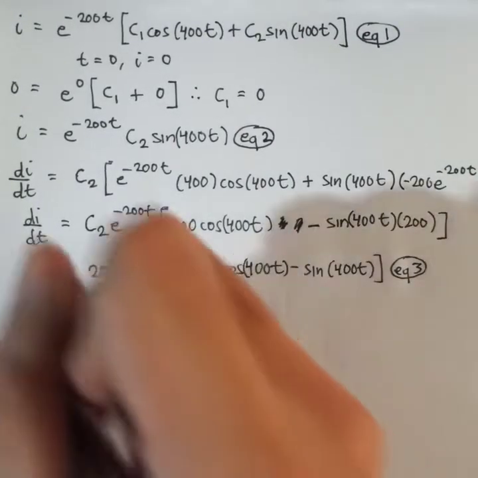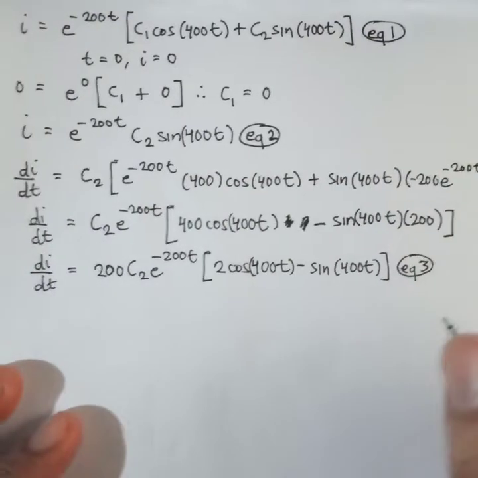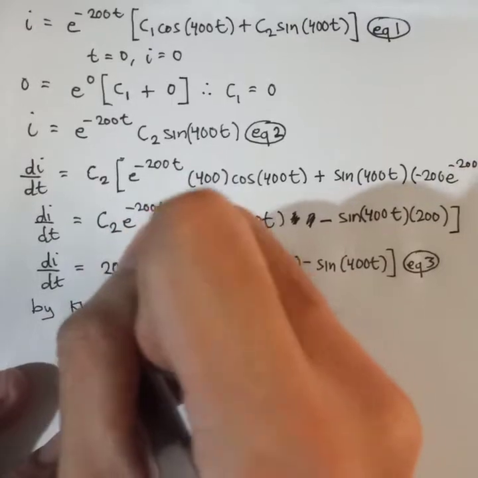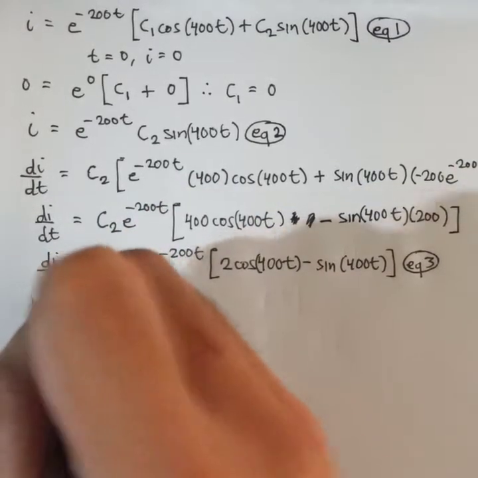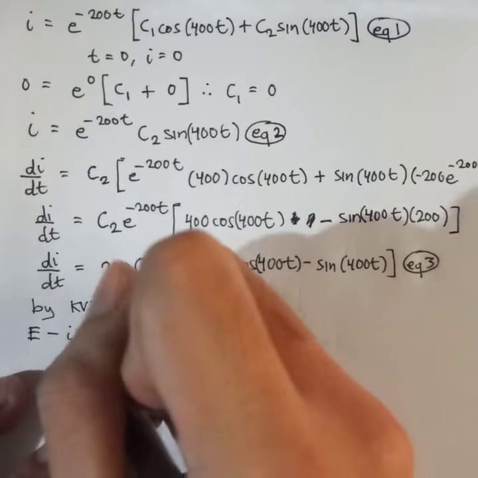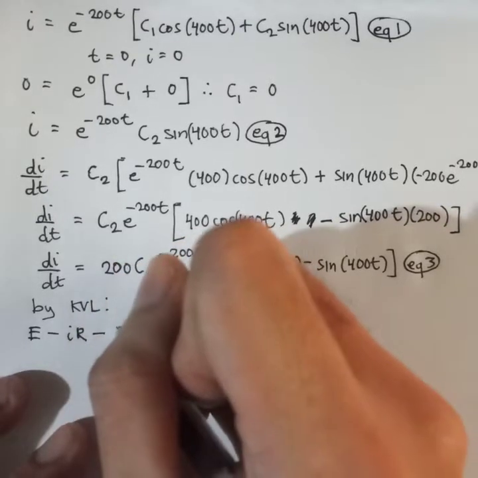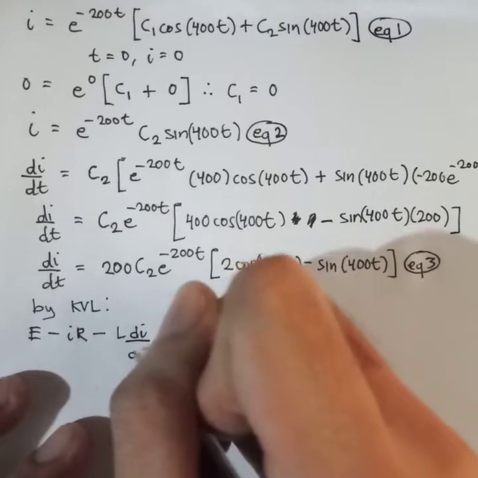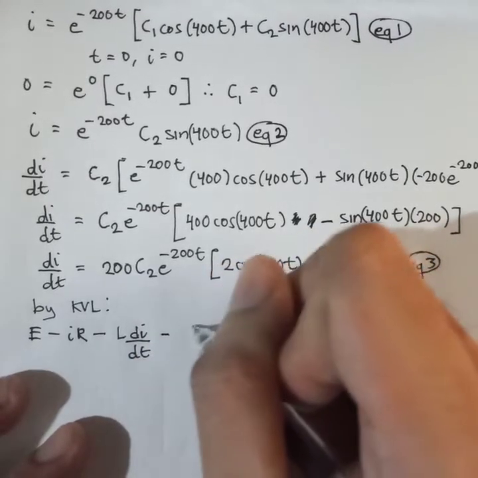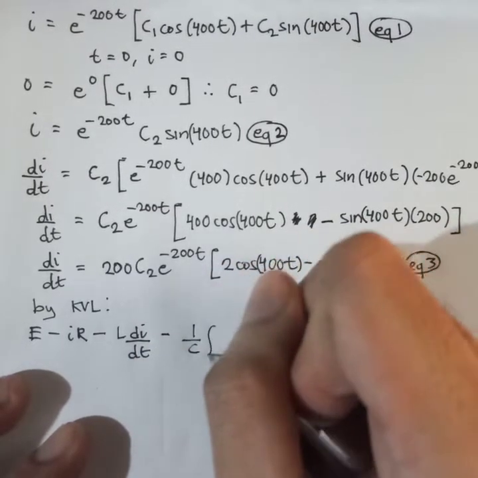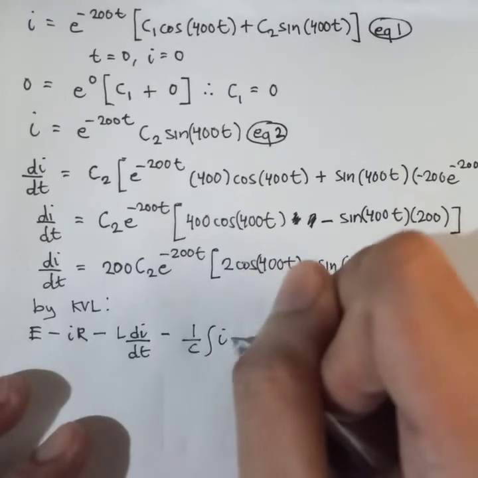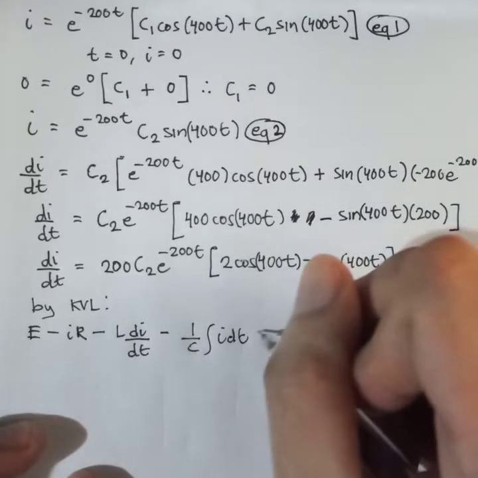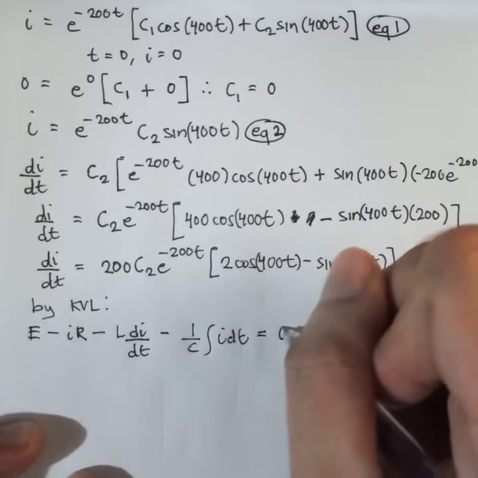By KVL, we can produce another equation, that is E, which is the source, minus the voltage drop across the resistor, minus the voltage drop across the inductor, that is L times di over dt, minus 1 over C integral of i dt, that is the voltage drop across the capacitor, equal to 0.